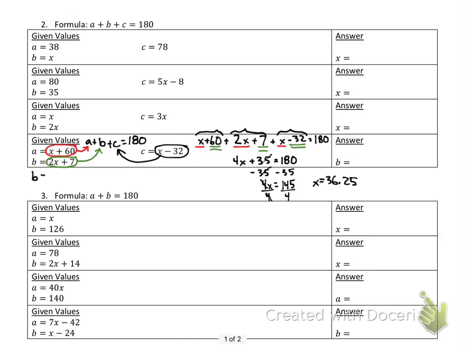So now I'm going to get b equals 2 times 36.25 plus 7. That's just a straight up calculation you can do on the calculator or in your head if you can do that. So what is my b value for this? 79.5.